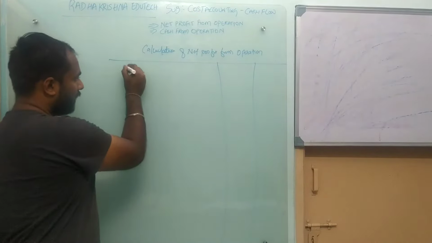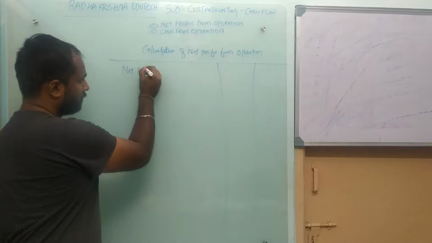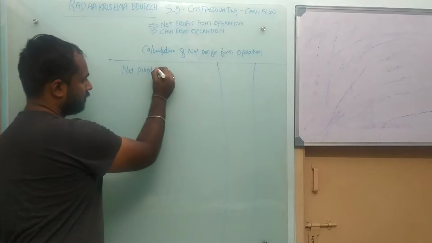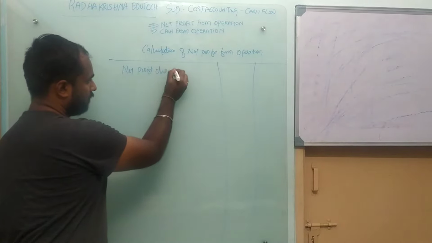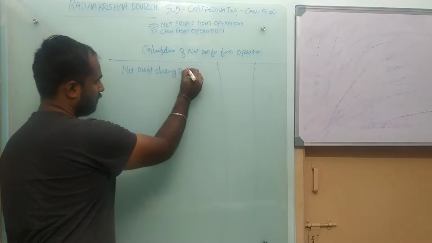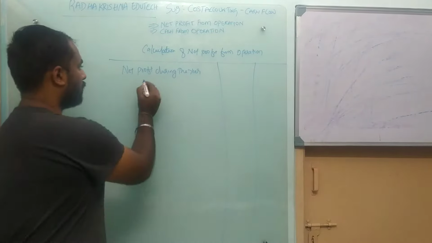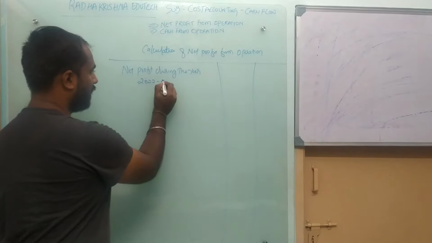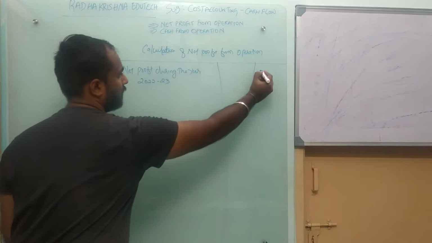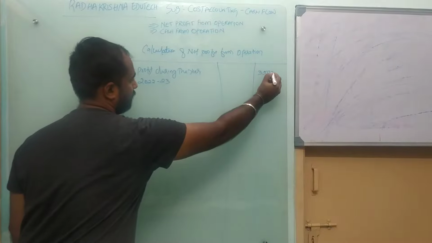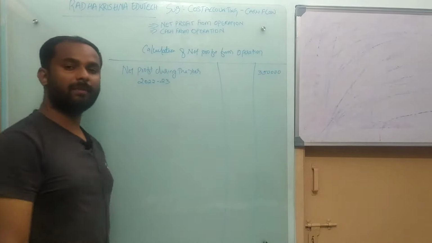So net profit during the year. I have a profit for 2022-23 of 3,50,000. Okay, this is my profit.